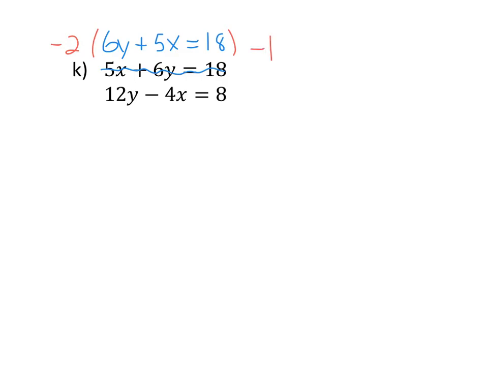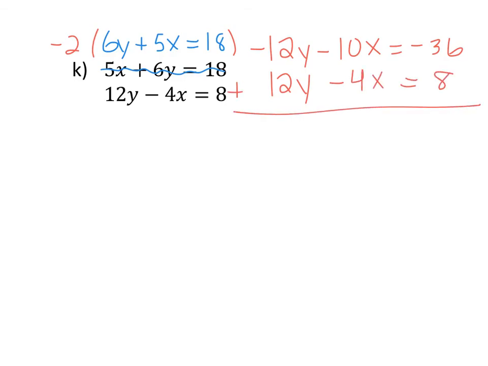Again, -12y minus 10x equals -36. The second equation stays the same. Let's go ahead and add. Y's go away. -14x equals -28.